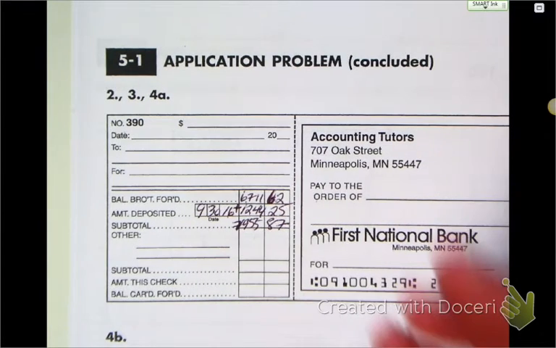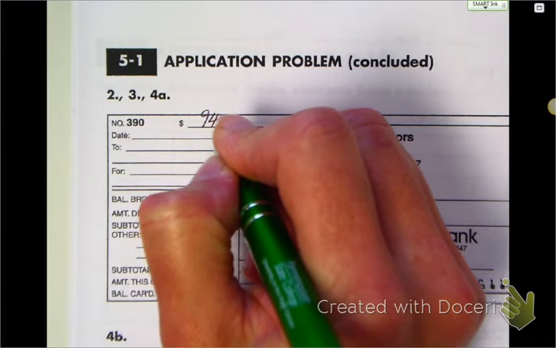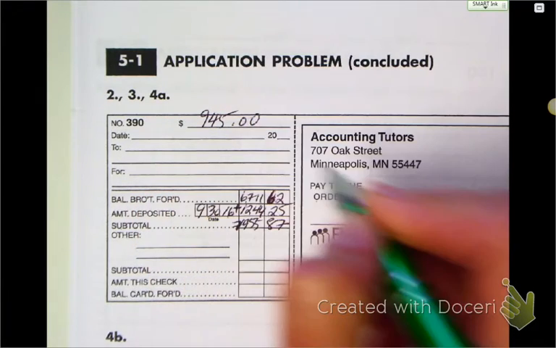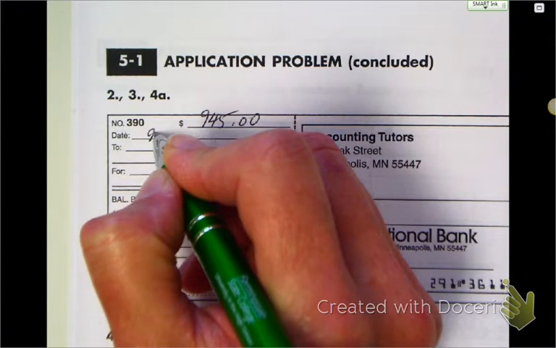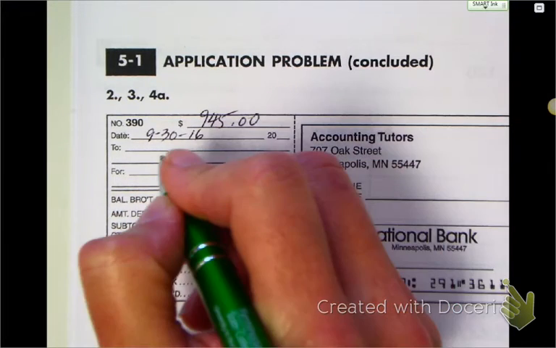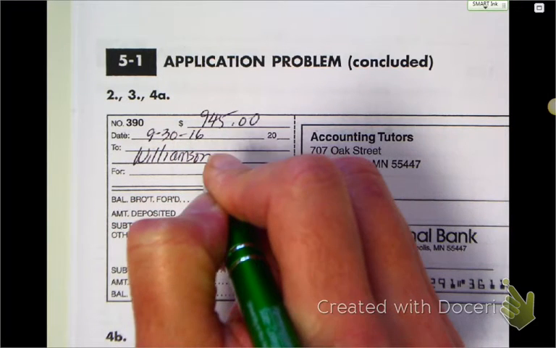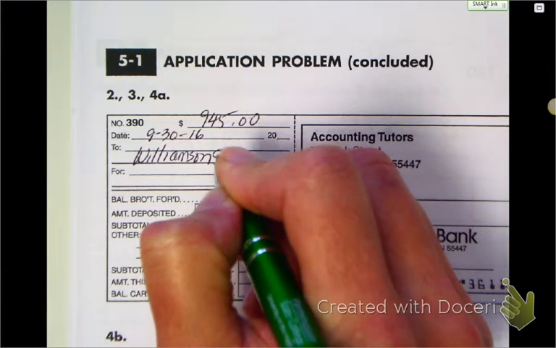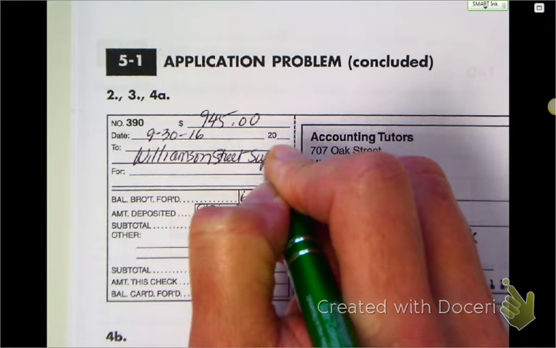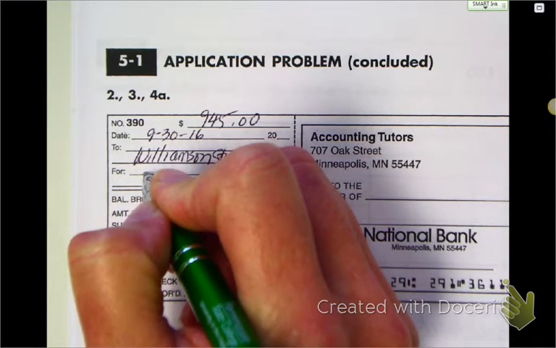Do the check stub first. So my dollar amount's going to be $945. The date is September 30th, 16. I'm making it out to Williamson Street Supplies, and it's for supplies.